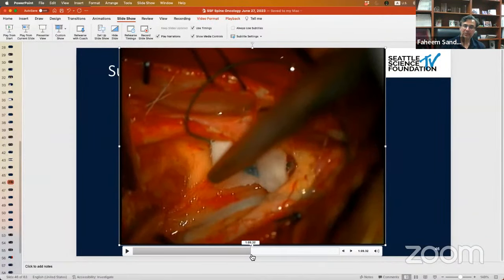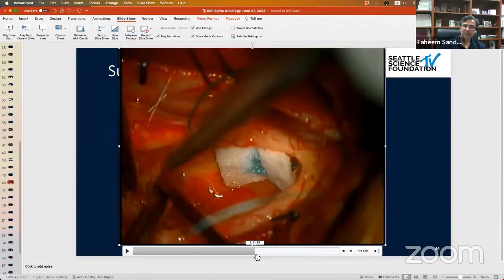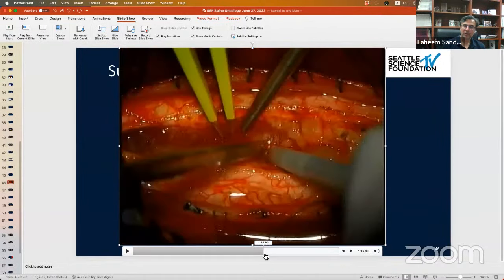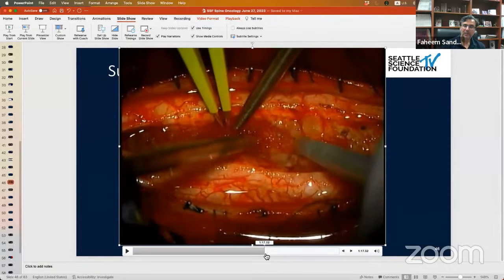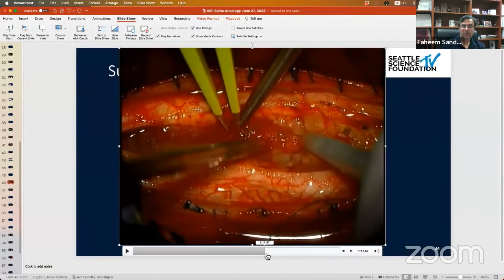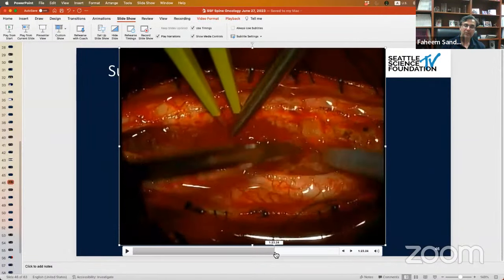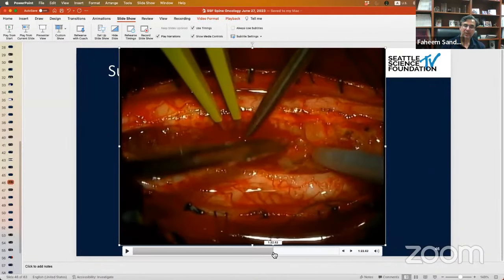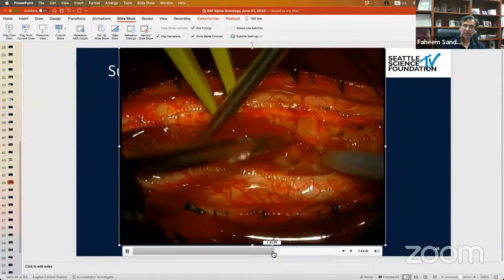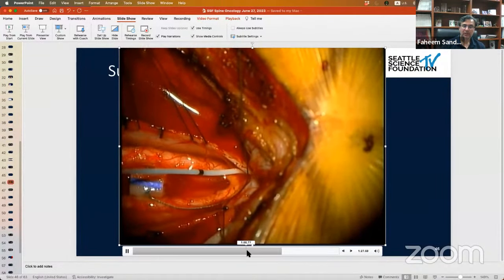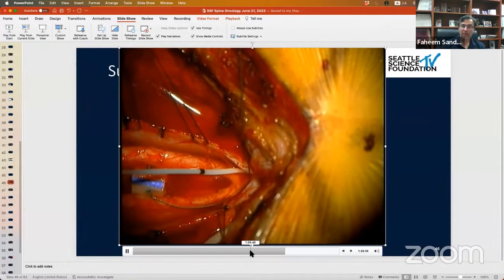And here, we're just carefully peeling what looks like clearly tumor from spinal cord parenchyma. And then where it wasn't clear, you have to be much more careful. Where we're in the bulk of the tumor, using the ultrasonic aspirator helps really get the meat of this tumor out, because it's quite large, and it's hard to just pick away at it.